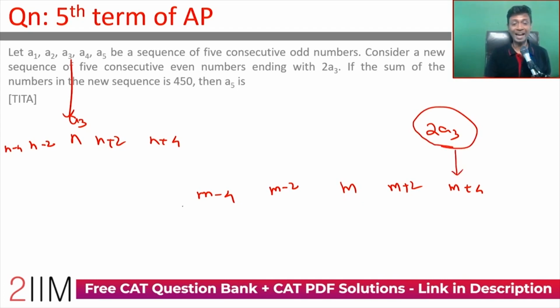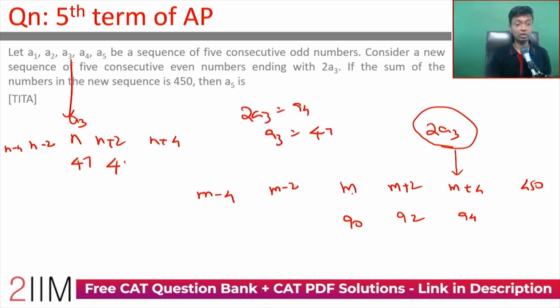Now adding all this, we get 450, or the middle number is 90. 5m is 90, so 92, 94. 94 is 2A3. 2A3 equals 94, or A3 is 47. This is 47, 49, 51. So A5 should be 51.